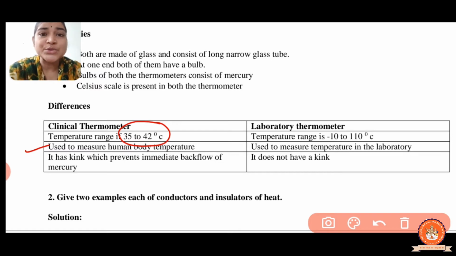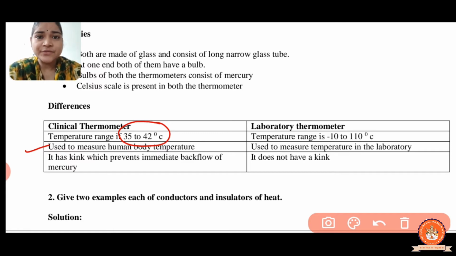I told you, in the laboratory many chemical reactions take place, right? So it is used to measure the temperature in the laboratory.